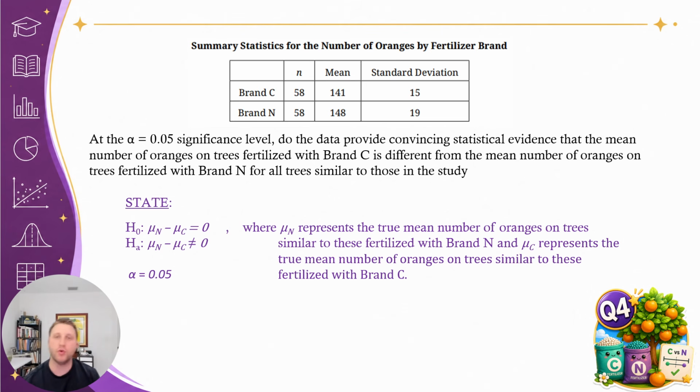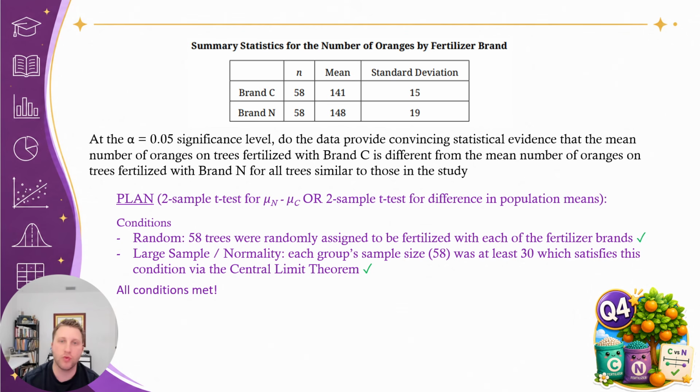I'm saying mu sub N represents the mean number of oranges on trees similar to these fertilized with brand N fertilizer, and mu sub C represents the true mean number of oranges on trees similar to these fertilized with brand C fertilizer. My null hypothesis is going to be that the difference of these two means is 0. The alternative is two-sided. It says that the difference of these two means is not equal to 0. And I mentioned my significance level, 5%.